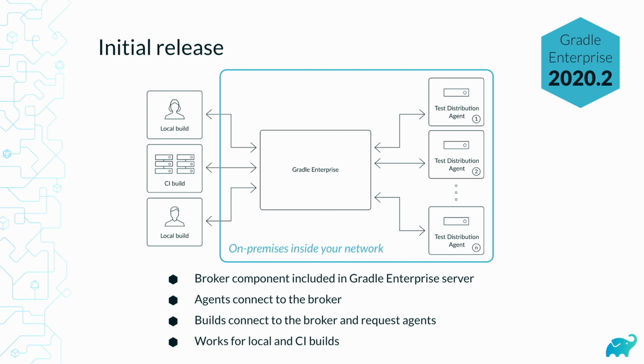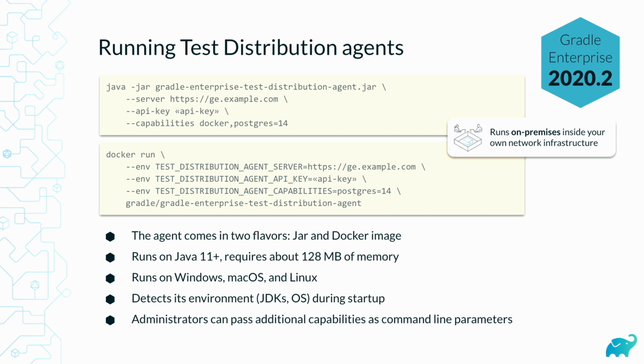And the way you do this is basically by pointing them to the Gradle Enterprise server and giving them some API key for authentication, and potentially some additional capabilities that they provide for test tasks. And this comes in two flavors. We can see here it comes as a jar file and a Docker container. It runs basically on Java 11, right?